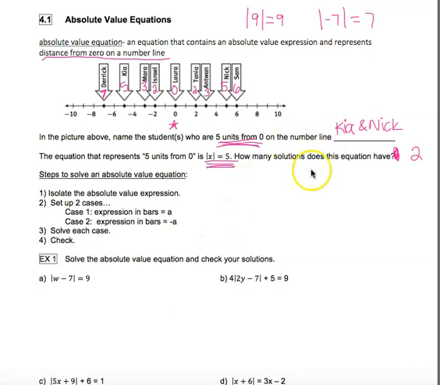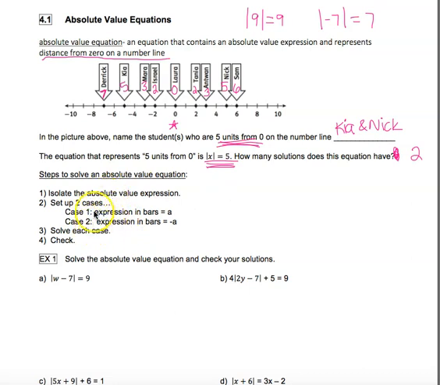So this is always true. If your absolute value has any solutions, it's either going to have none, 1 if it's actually 0, and most often it's going to have 2. So what you are going to do when you are solving an absolute value equation, these are the steps we're going to use.